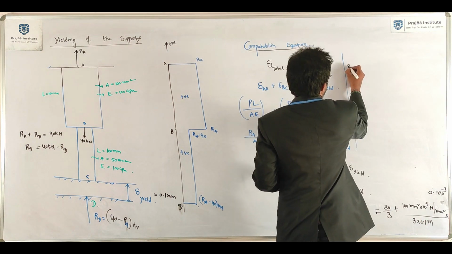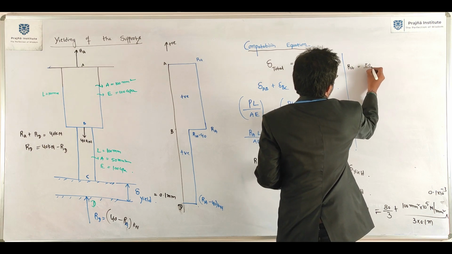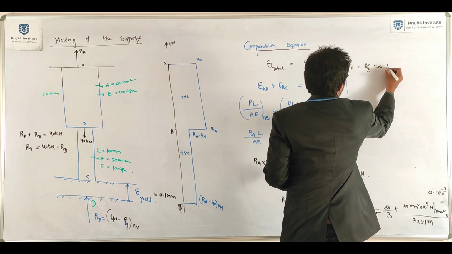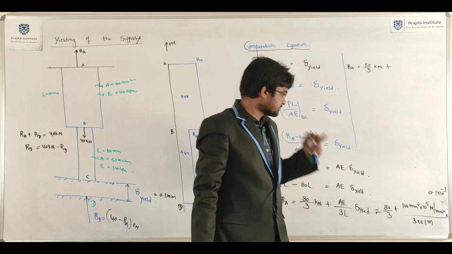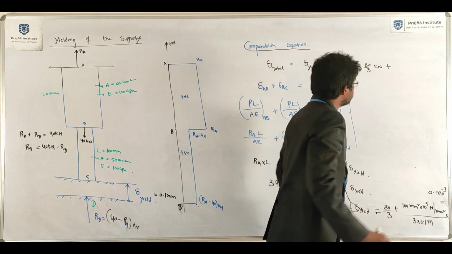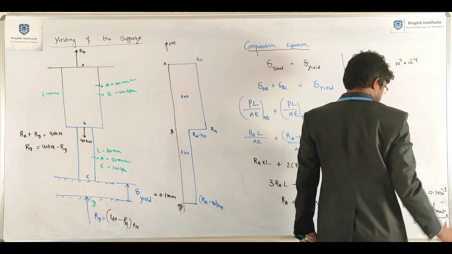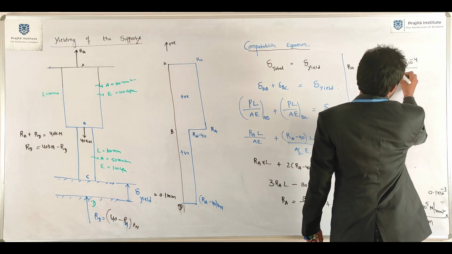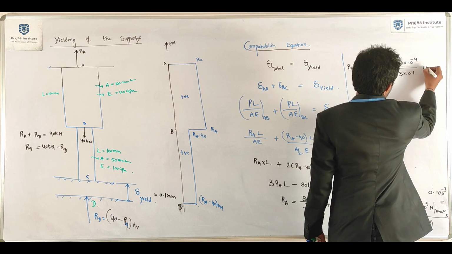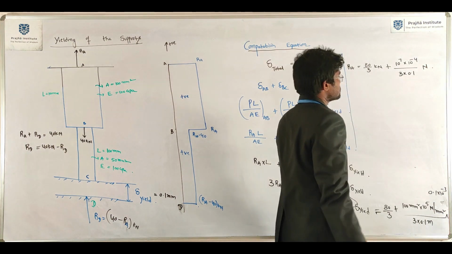Then RA equal to 80 by 3 kilonewton plus how much is this? 10 power 7, 10 power minus 4 by 3 into 0.1. It is in terms of Newton actually. Correct?